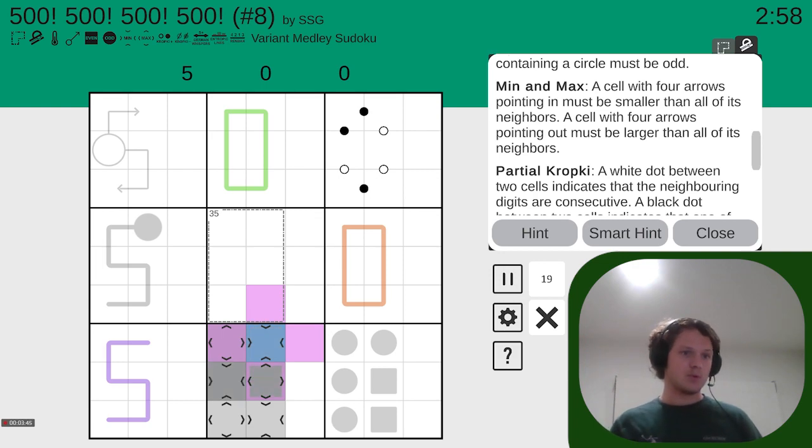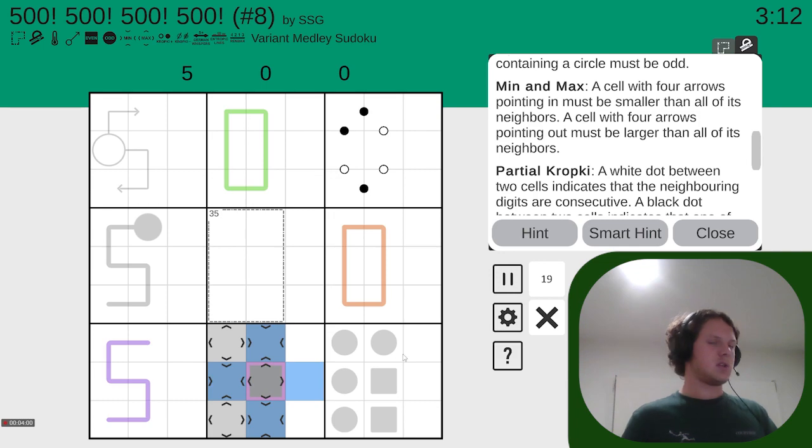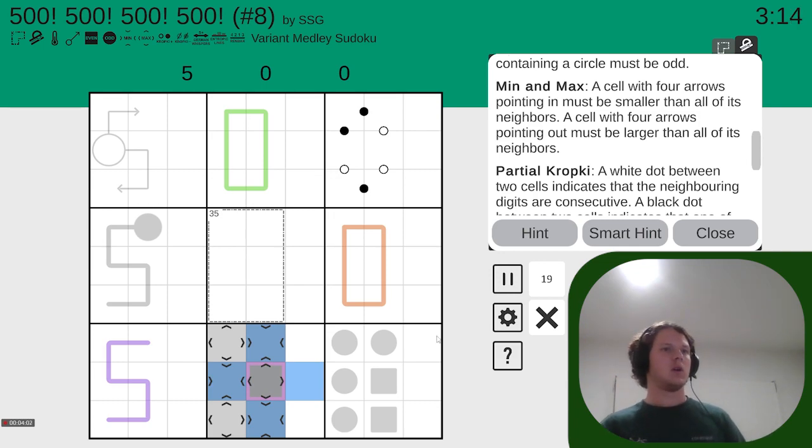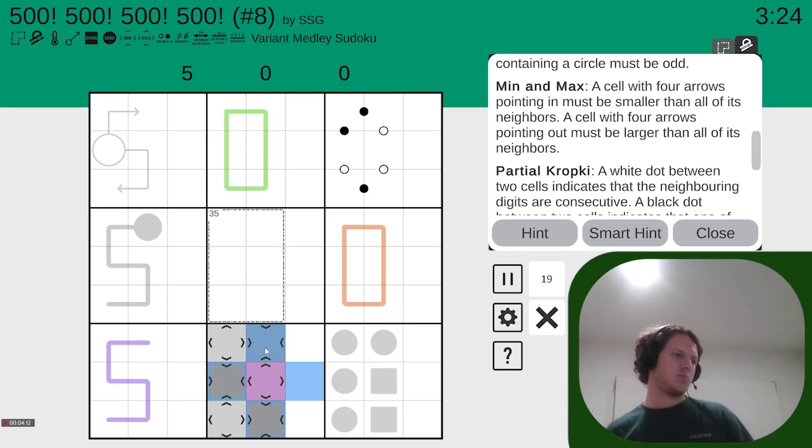And that's the same for this blue cell, not that blue cell, and this blue cell. And the same for the pink. Where a cell with 4 arrows pointing outwards, here in the pink, must be larger than all of its neighbours. So all these 4 must be lower than this pink cell in the middle. So not simple, but also not complicated.